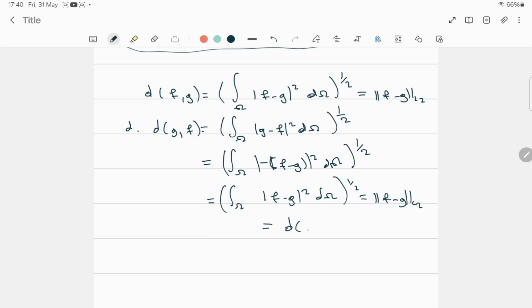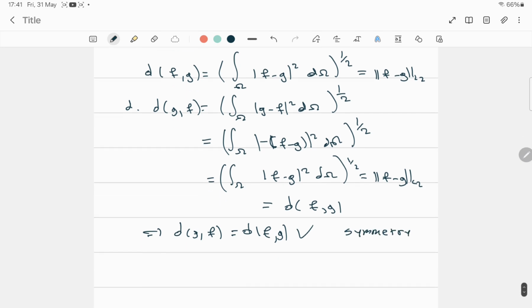So this is d(f,g). d(g,f) equals d(f,g). So the symmetry property is satisfied.